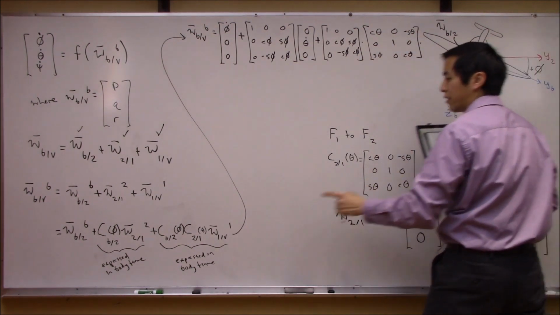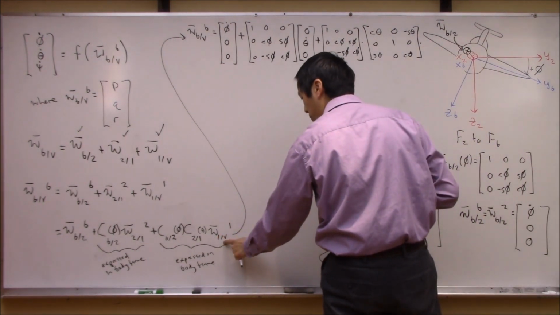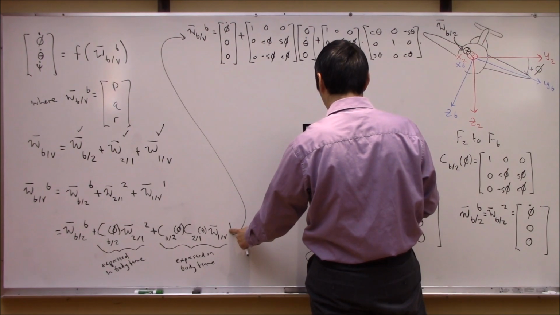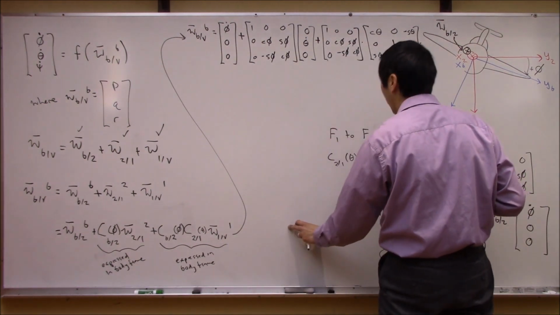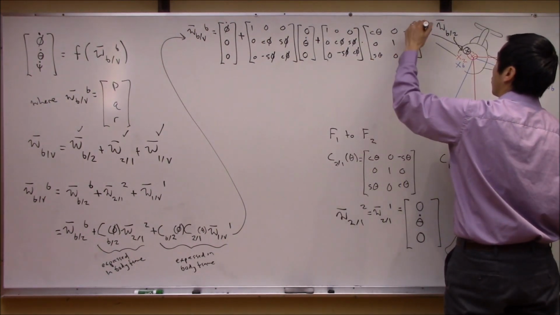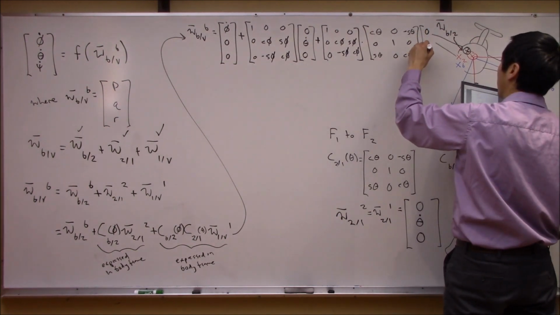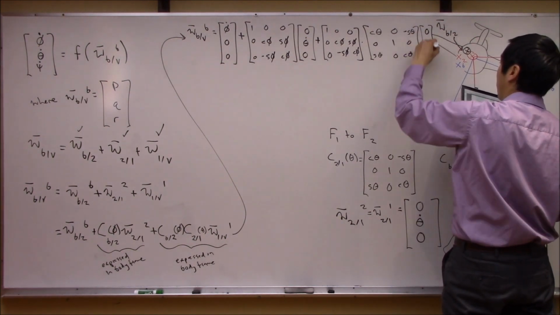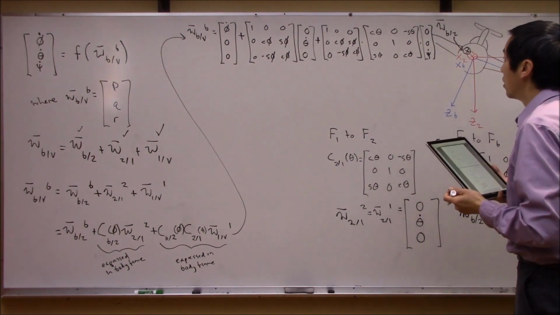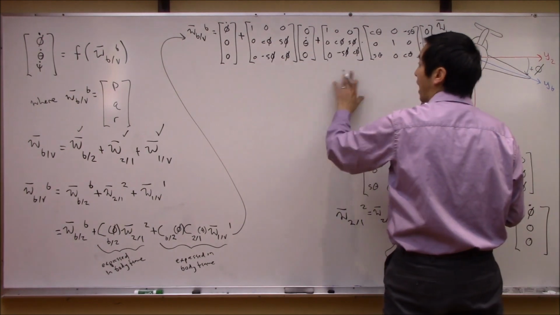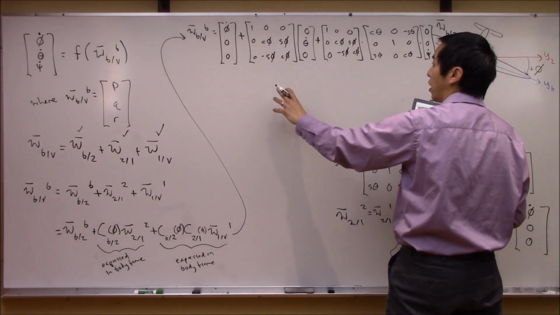Okay, finally, times omega 1 with respect to v expressed in the 1 frame. I just erased it here, but if you check your notes, you'll see that was [0, 0, psi dot]. Great. So you see that this right-hand side is just a whole bunch of matrix multiplications.